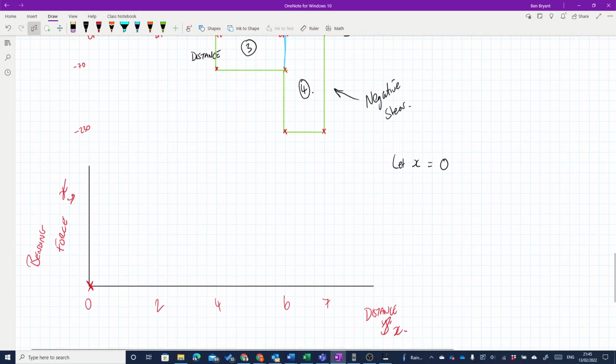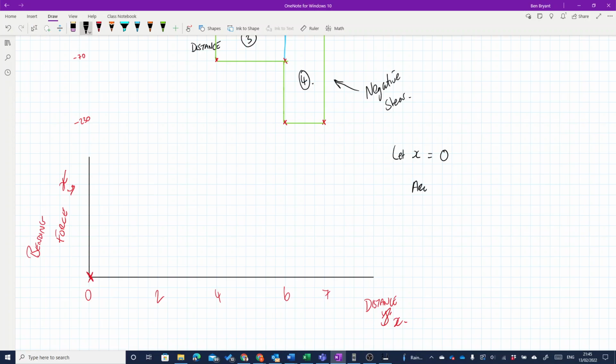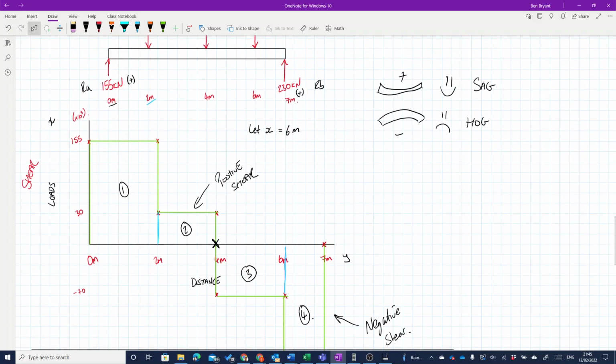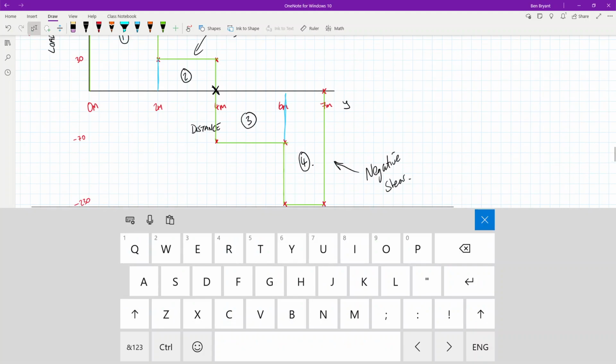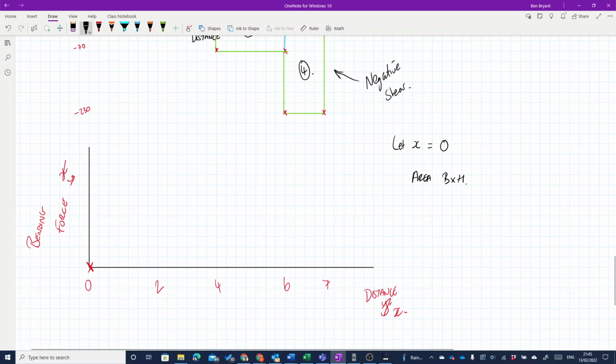We know that the area of a rectangle is base times height. So for area 1, the base is 2 meters and the height is 155, so 155 times 2.